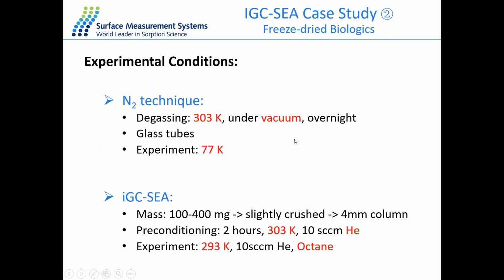For the nitrogen method, the sample was degassed at 30 degrees under vacuum overnight, and the experiment was done at liquid nitrogen temperature. In the case of inverse gas chromatography, it was preconditioned under the flow of helium for 2 hours at 30 degrees, and the experiment was done at 25 degrees with octane sorption.